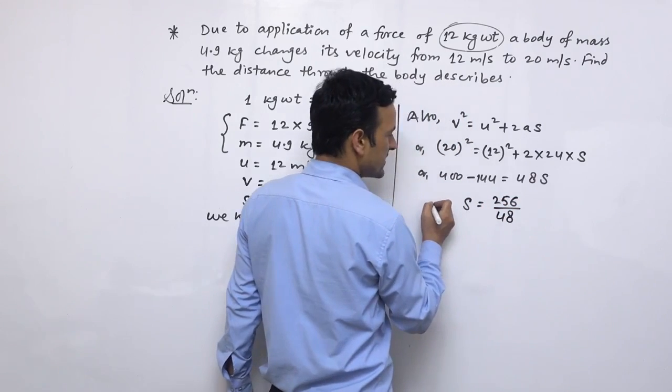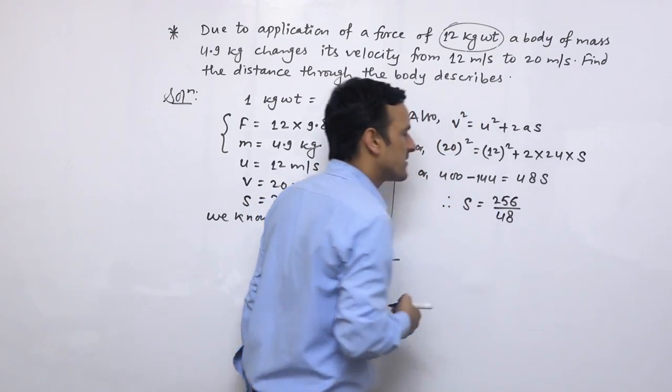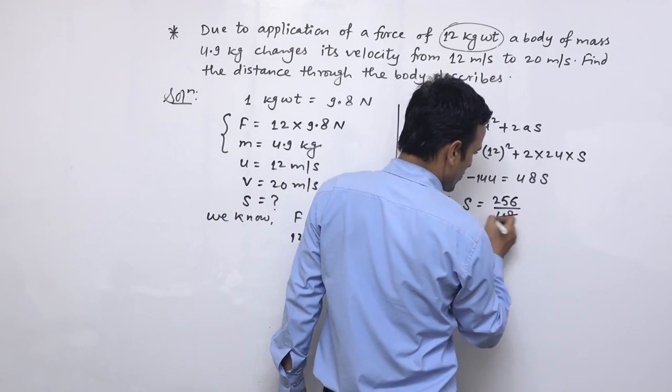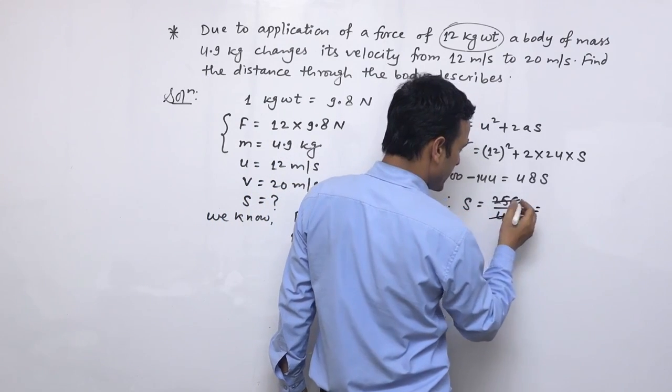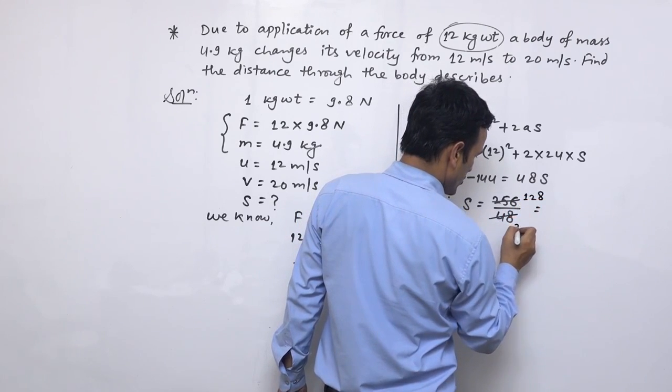So this is the answer. We can cancel the term over here. If we cancel it, then 2 ones are 2, 2 twos are 4, 2 eights are 2, 2 fours are 8.